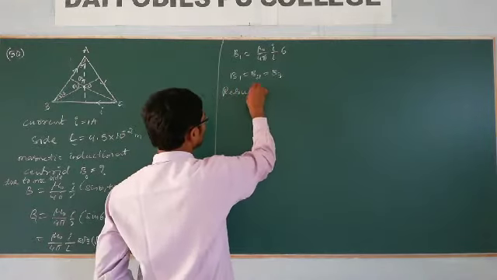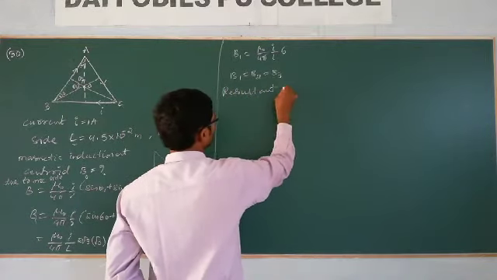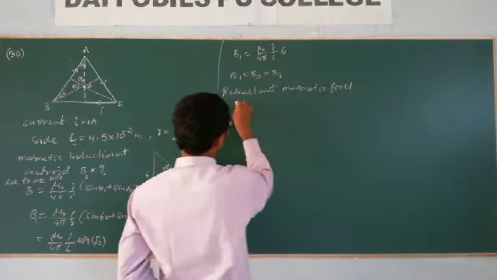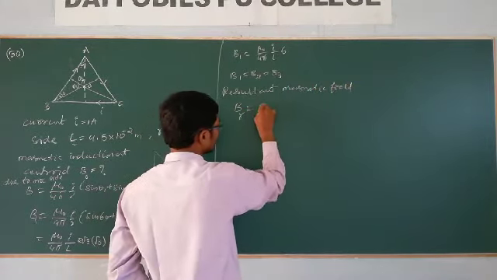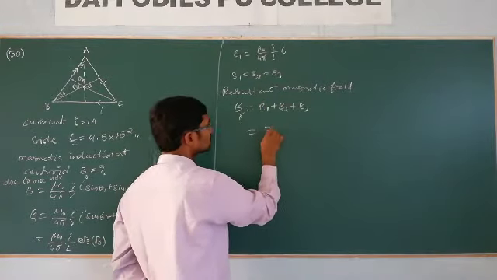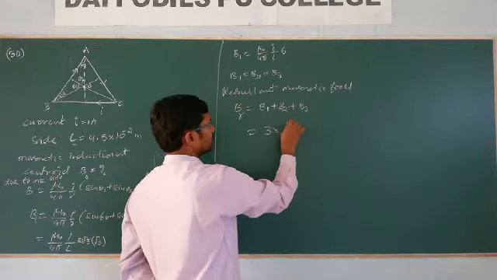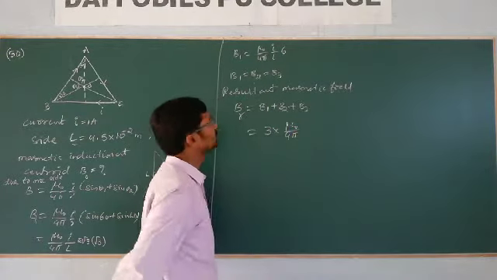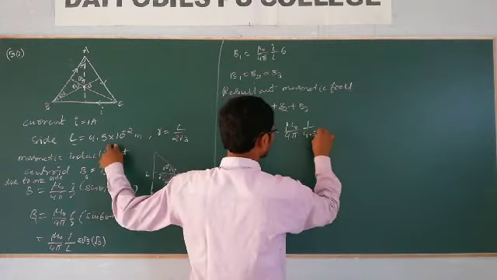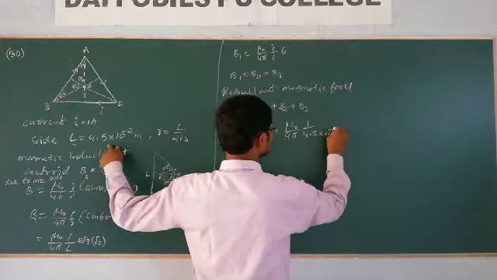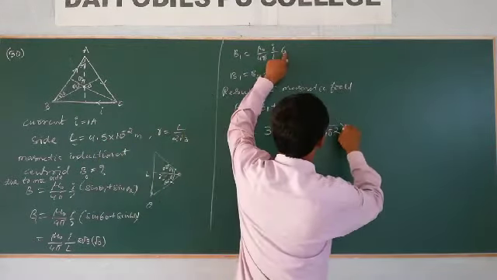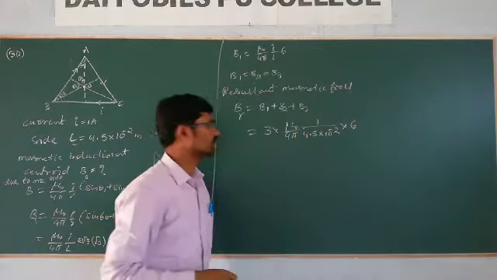Therefore the resultant magnetic field B is equal to B1 plus B2 plus B3. That is equal to 3 into, all are equal, mu naught by 4 pi into I is 1, L is known, 4.5 into 10 power minus 2, into this is 6.